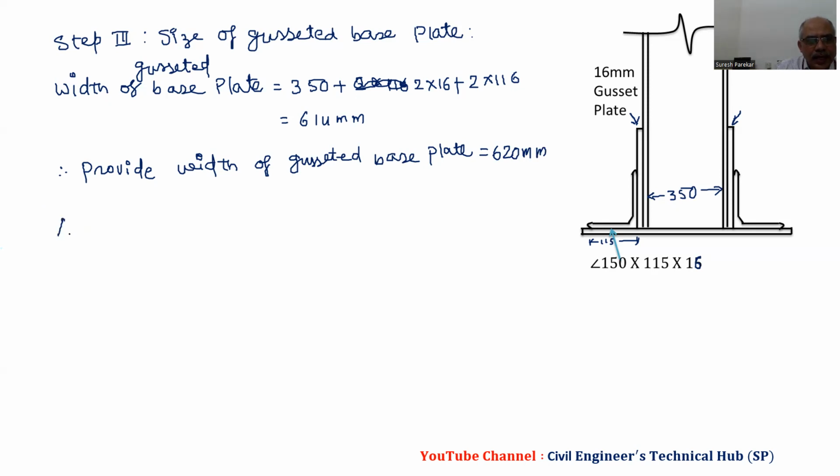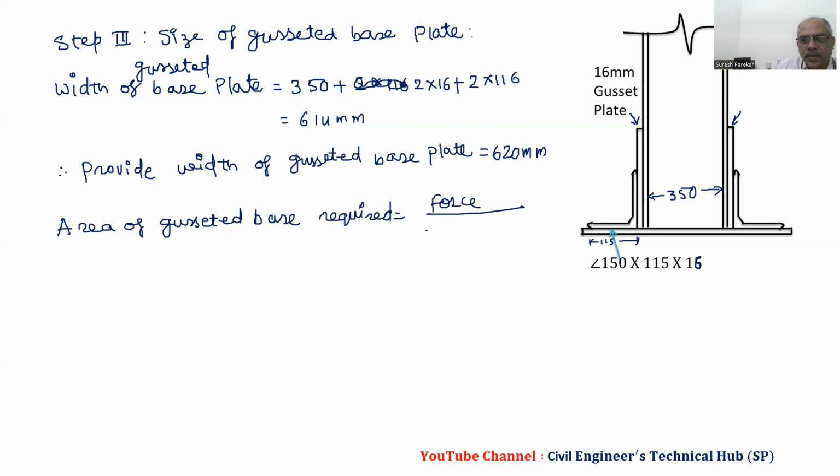Now, area of gusseted base required. Same formula: force upon allowable bearing pressure.